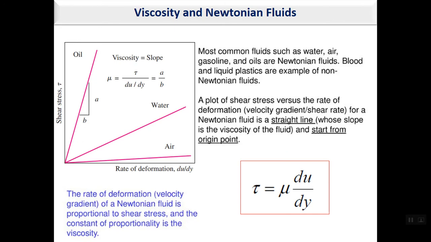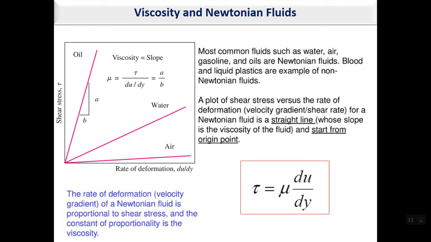For the Newtonian fluids, which we are working with in this course, and most common fluids such as water, air, gasoline, oils are Newtonian ones. The relation between shear stress and rate of deformation, as you can see in the figure, is a linear one.